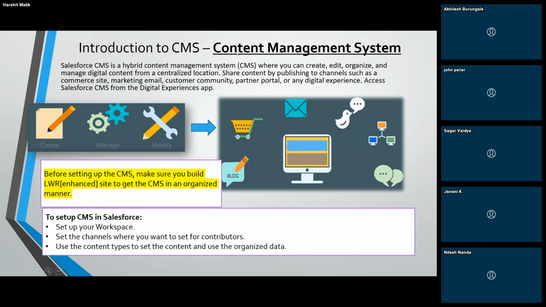The moment you get into a CMS, you get the way to align your data the way you want, and what kind of data you want to show. You can create, manage, and modify the data, because a product won't be there for a lifetime. It changes by the time.